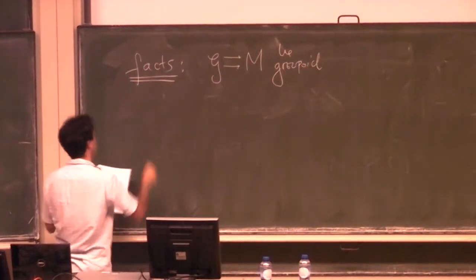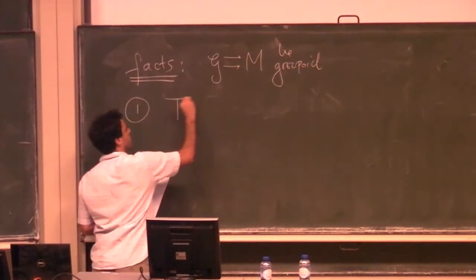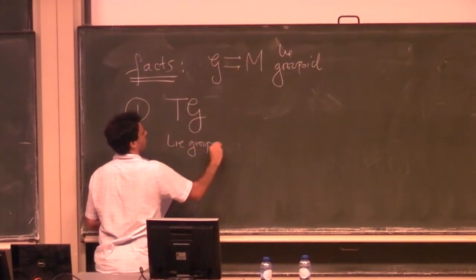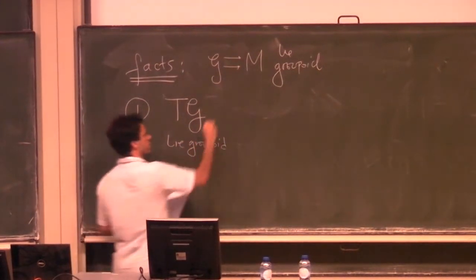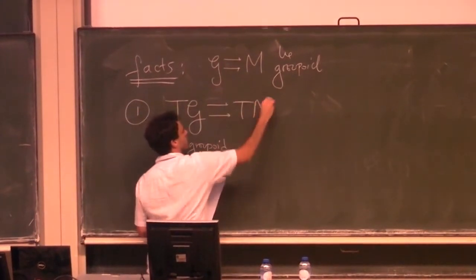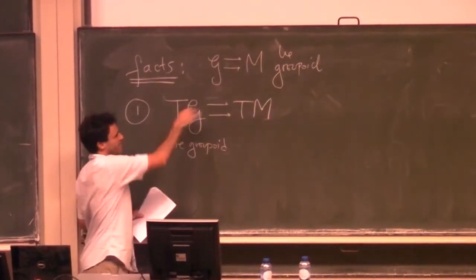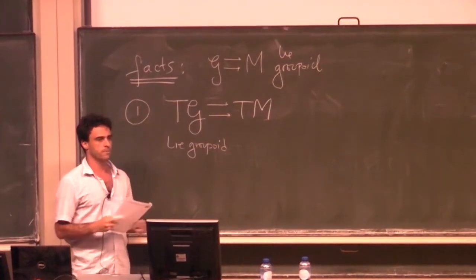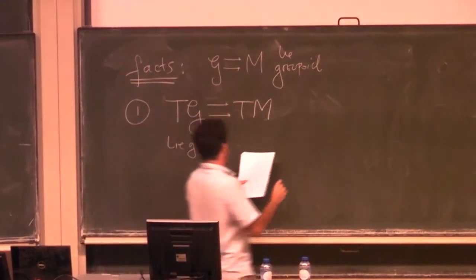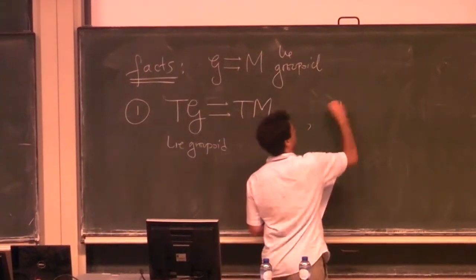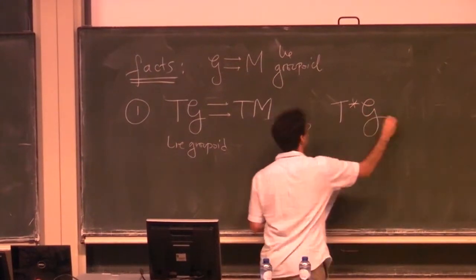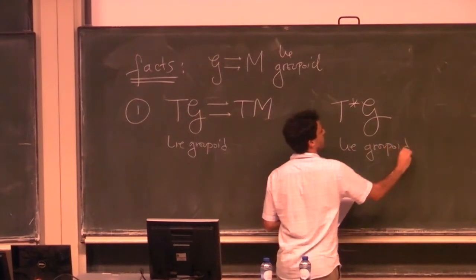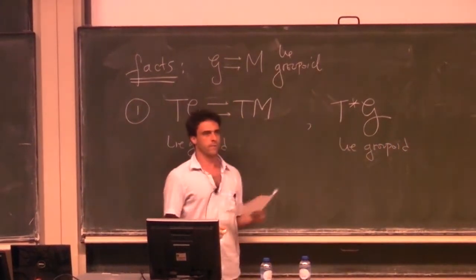The first thing is that its tangent bundle is naturally a Lie groupoid again, over the tangent bundle of the base manifold, and we just take tangent of everything: tangent of the source, tangent of the target, tangent of the inversion, and everything works. More interestingly, and perhaps less obvious, is the fact that the cotangent bundle of a Lie groupoid is also a Lie groupoid. It's actually a symplectic groupoid.